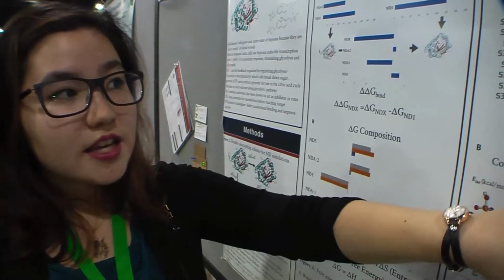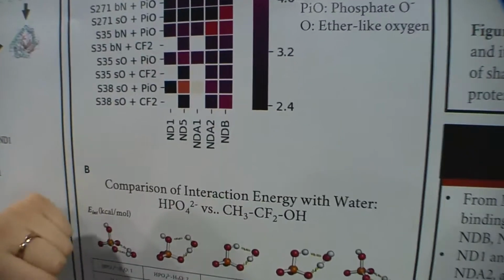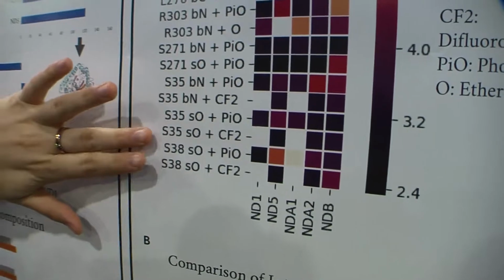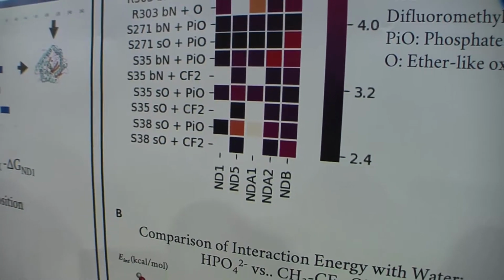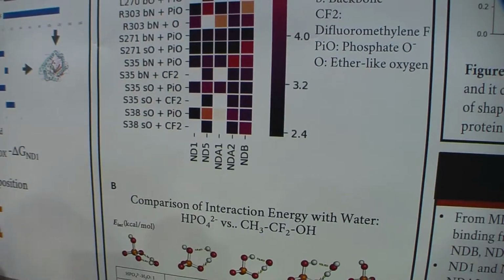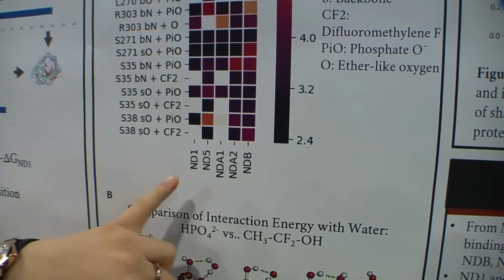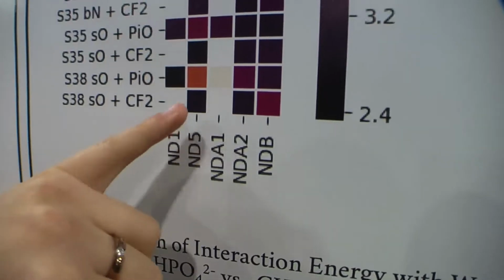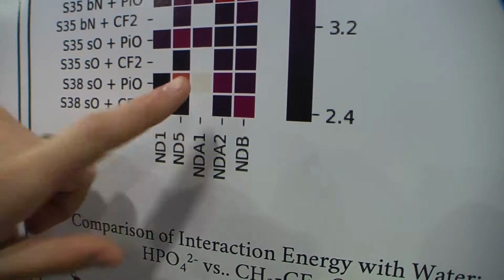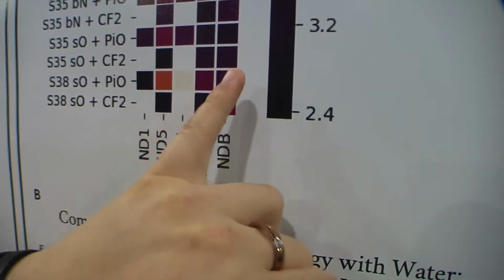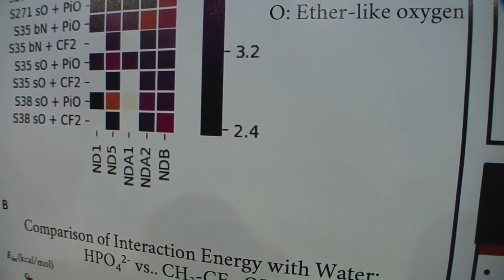And interestingly enough, we found that in some cases where the phosphate and the CF2 group could be in similar proximity, in some of our weaker binding inhibitors, the CF2 group seems to be in a much closer proximity for an interaction than the phosphate group, whereas in some of our stronger ones, the phosphate was in a slightly better position than the CF2.